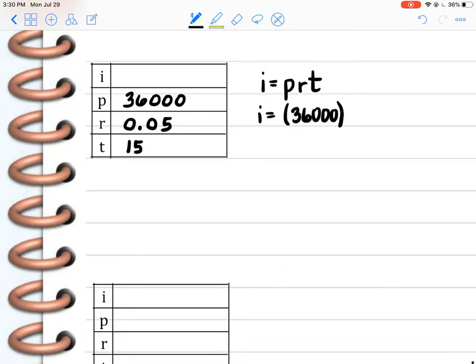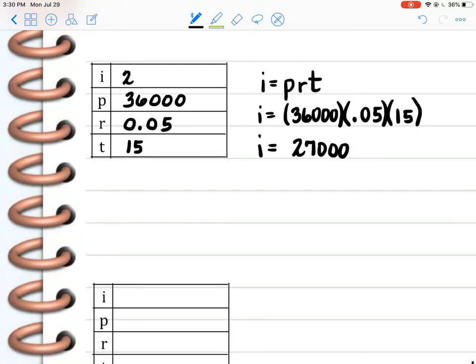36,000, 5%, 15 years is $27,000 in interest.